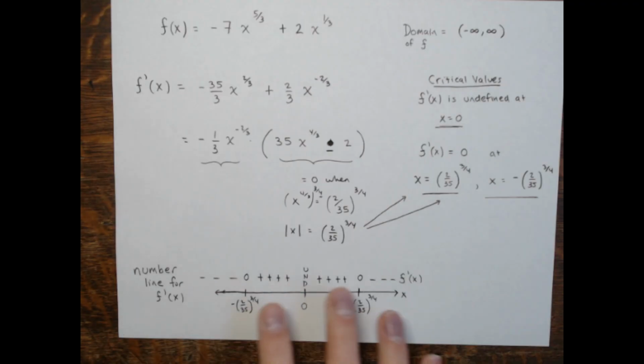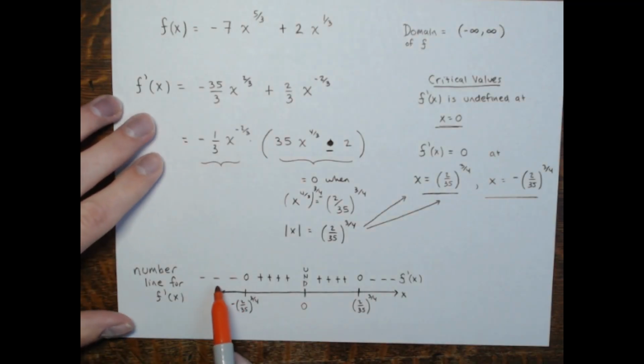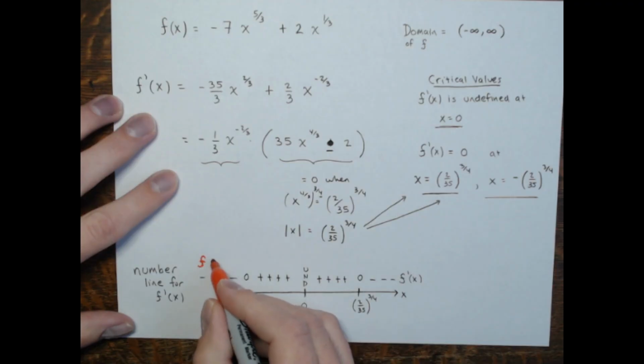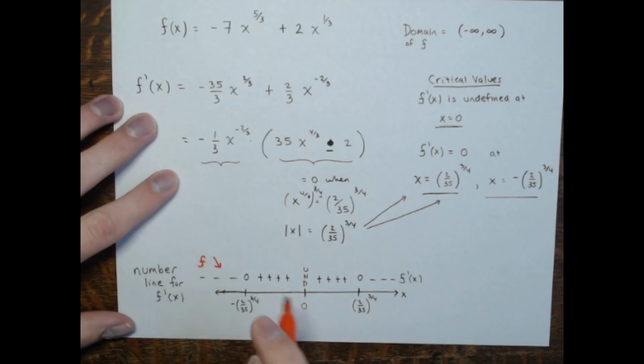Now remember what this says about the original function. So wherever the derivative is negative, that means the value of the original f, so this is f, not f prime, is decreasing. So I'll put a little down arrow. So from negative infinity up to the opposite of 2/35 to the 3/4 power, the graph of our original function will be decreasing.